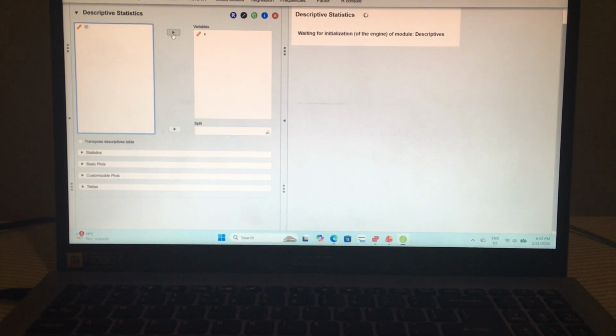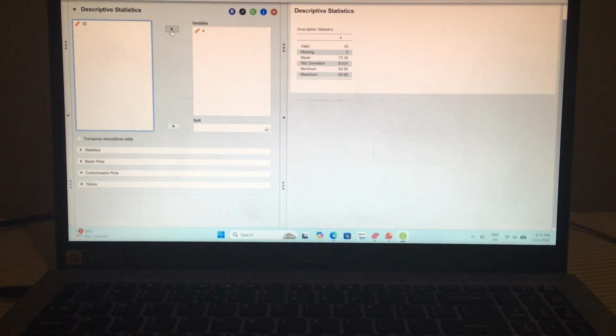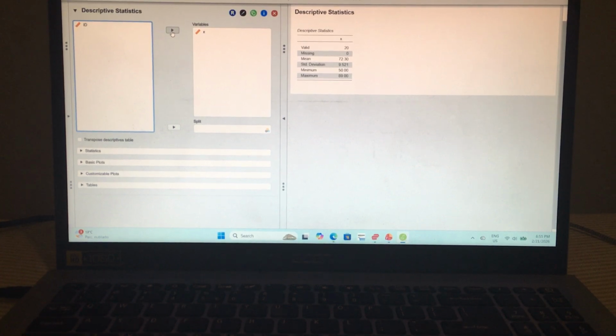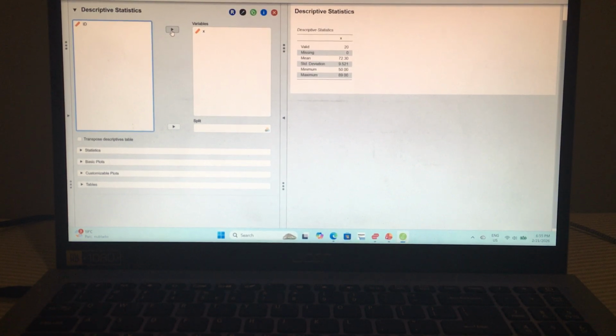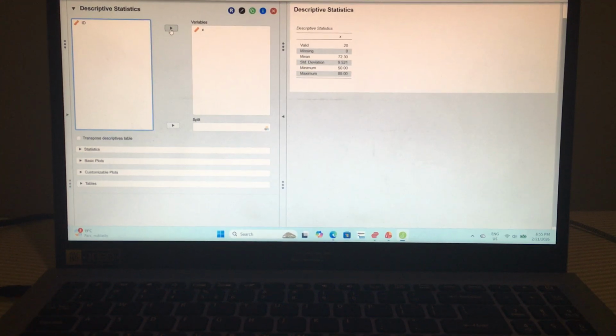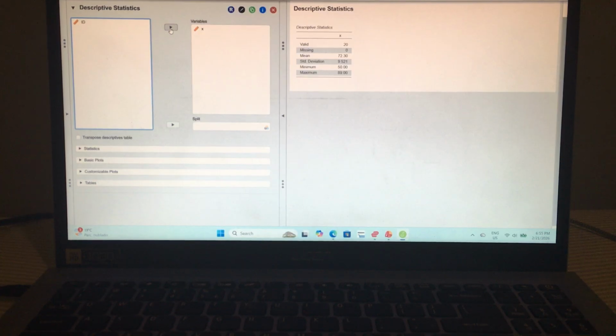We're going to allow JASP to calculate our mean, which again we remember was 72.3, and our standard deviation was 9.521, with a minimum of 50 and a max of 89. We had 20 values reported.